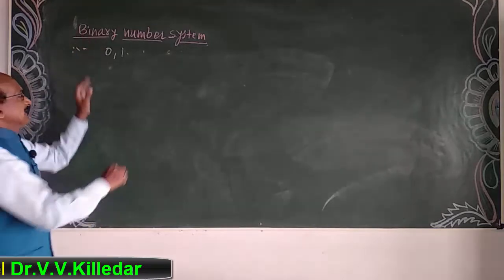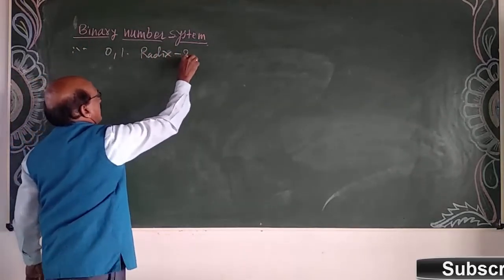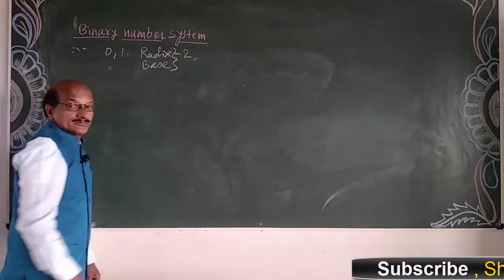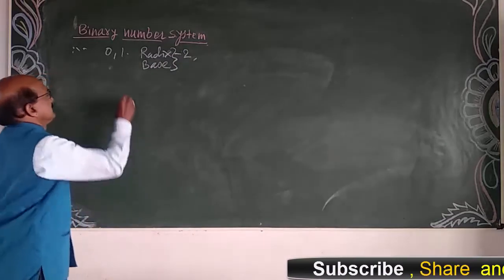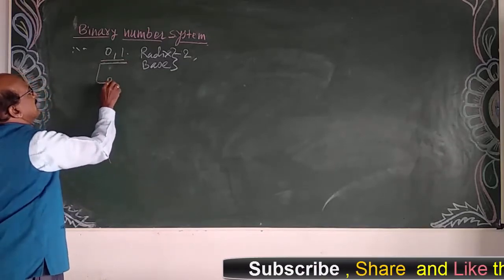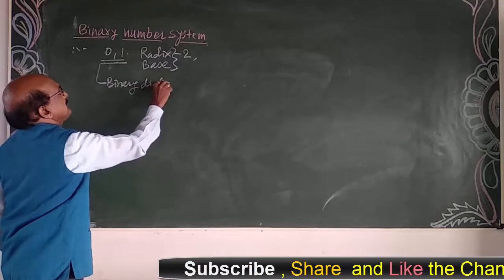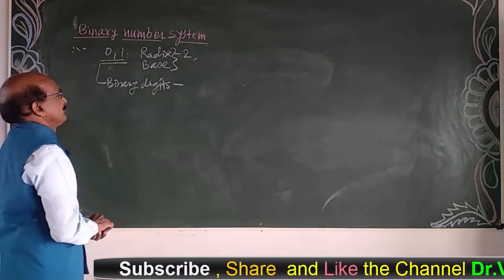So, the radix of this binary number system is 2, or the base of this number system is 2, because we are using only two symbols, 0 and 1. The 0 and 1 are called binary digits, and this is abbreviated as bits.